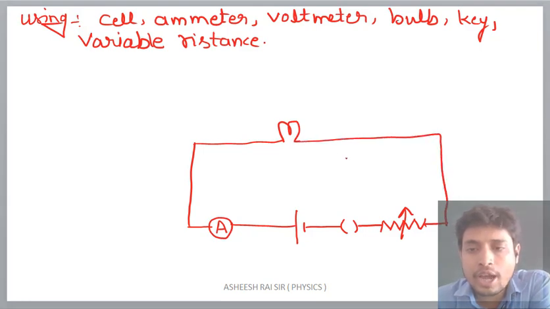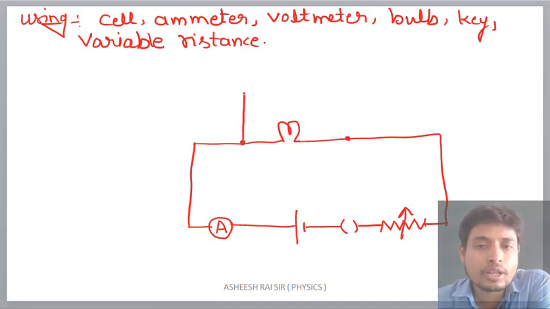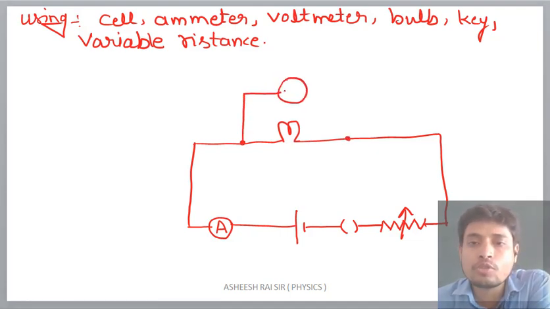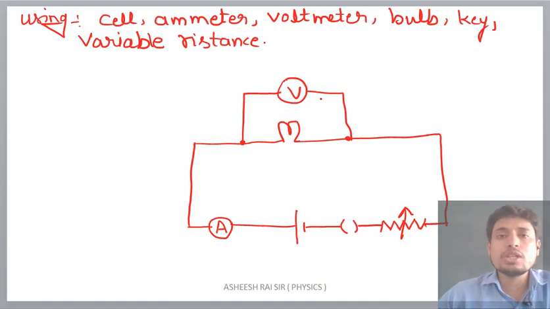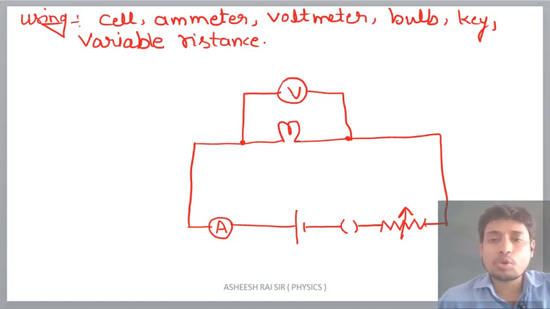If you want to measure the potential difference across the bulb, then we will use the voltmeter, and the voltmeter is always connected parallel to the conductor across which we have to measure the potential difference.